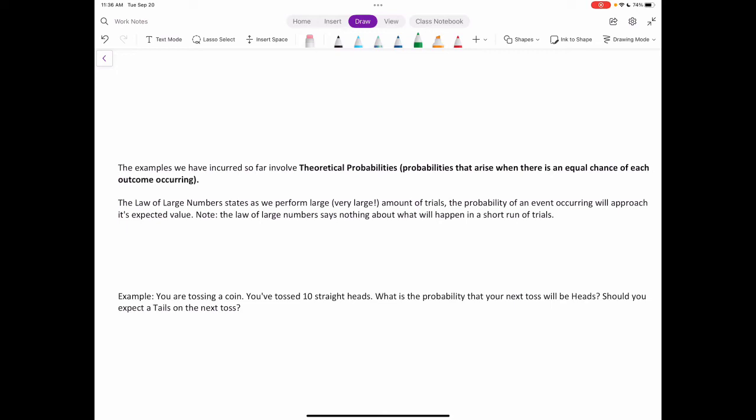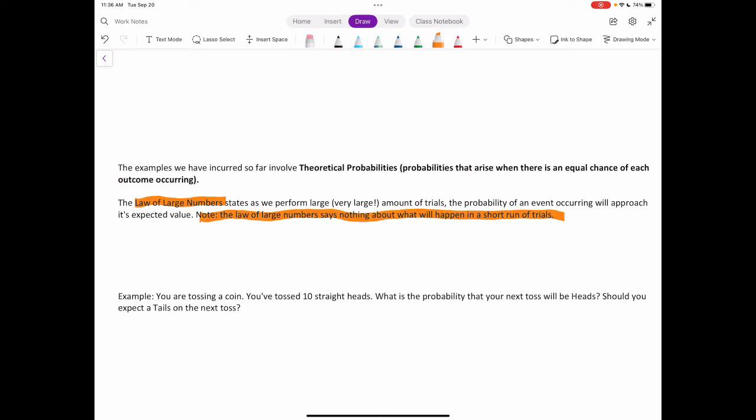But theoretical probabilities have a relationship to this thing called the law of large numbers. It's a very important concept, especially if you like to play in the casinos. The law of large numbers states that as we perform an extremely large amount of trials, the probability of an event occurring will approach its expected probability, its expected value, right? But here's the most important part. Note that the law of large numbers says nothing about what happens in the short run of these trials that you're doing.